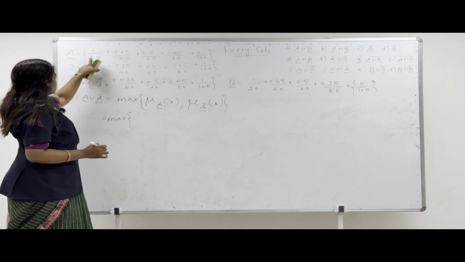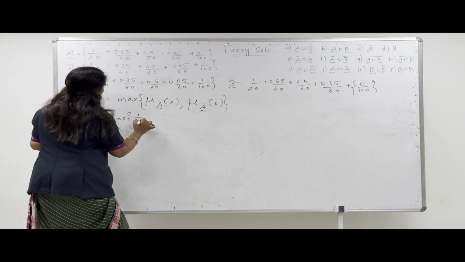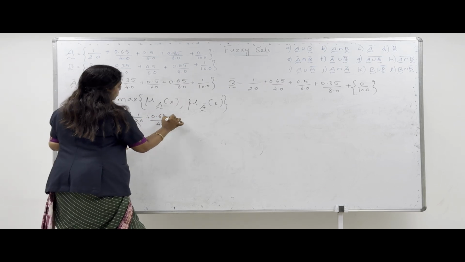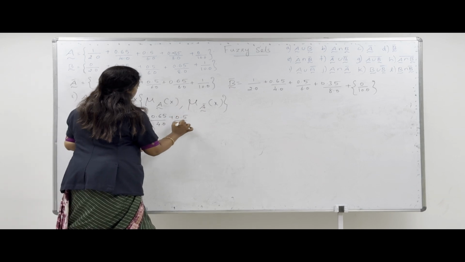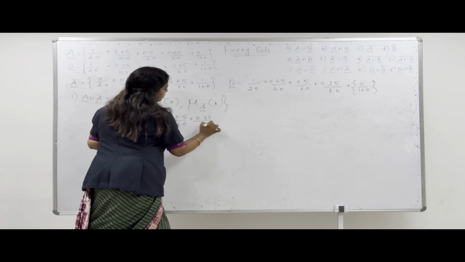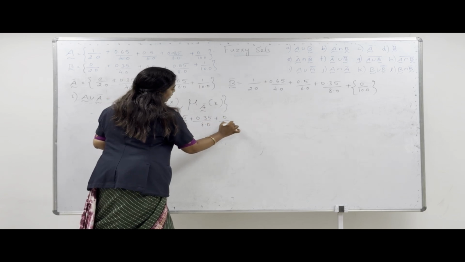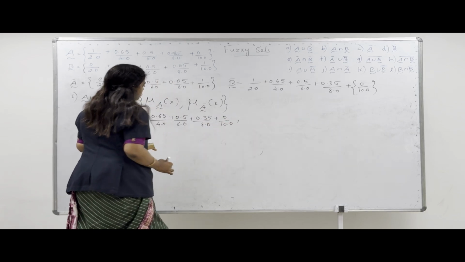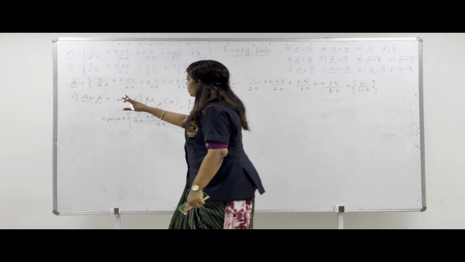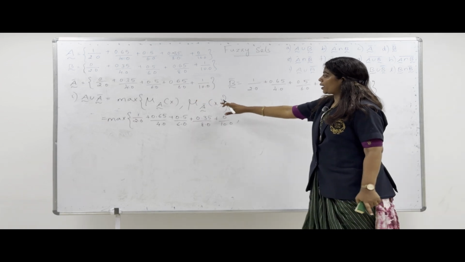Membership A of x means the values 1 by 2.0, 0.65 by 4.0, 0.5, next 0.35 by 8.0 plus 0 by 10.0. So, this is the value for membership A of x, comma the next one is membership A bar of x.